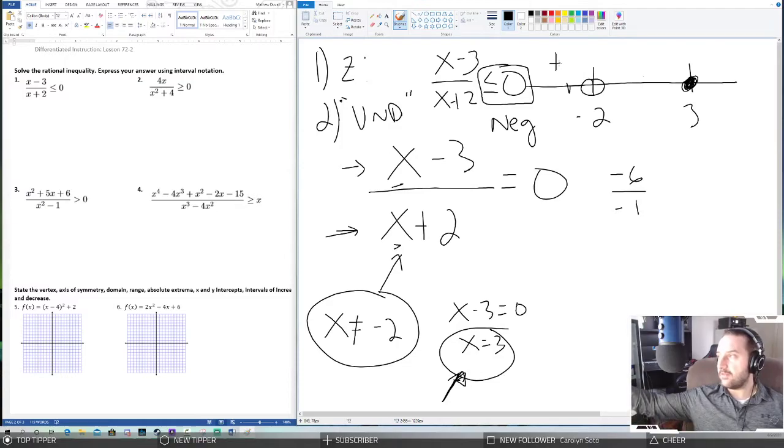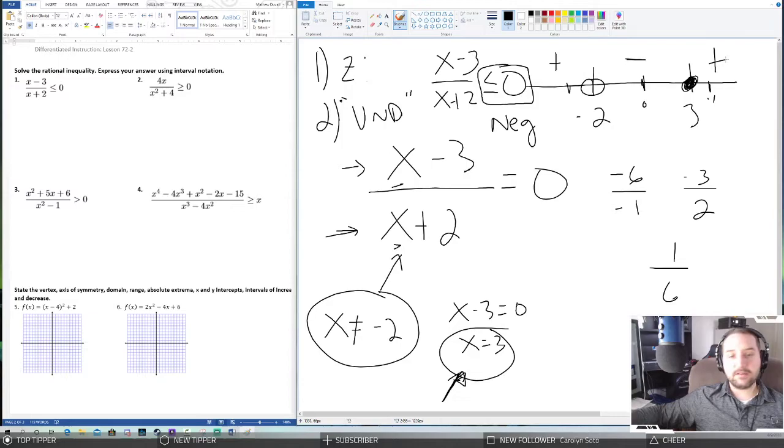Then if I plug in a value like 0, I get 0 minus 3, which is -3, over 0 plus 2, which is 2. A negative over a positive is going to be negative. And then if I plug in a value over here like 4, I get 4 minus 3, which is 1, over 4 plus 2, which is 6. That's positive.